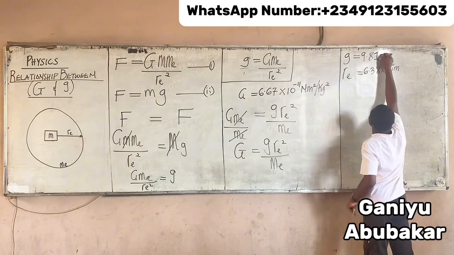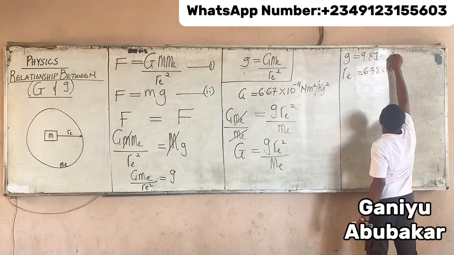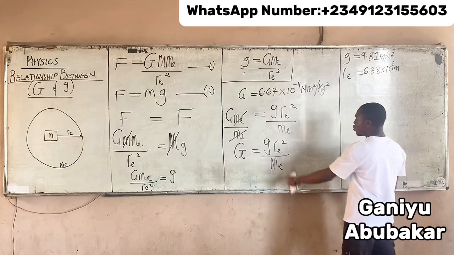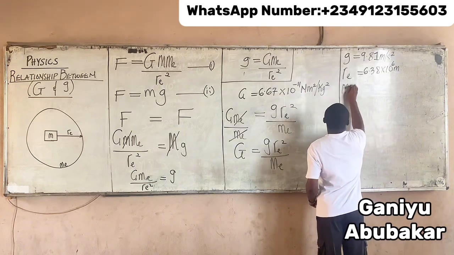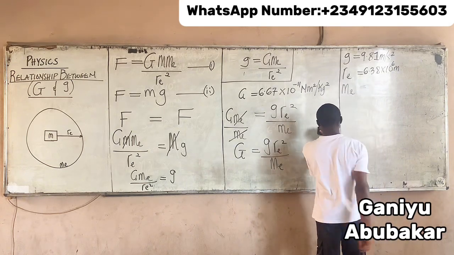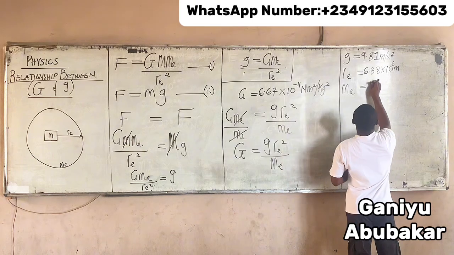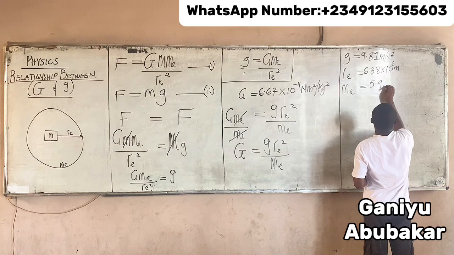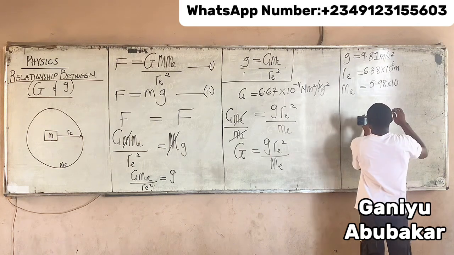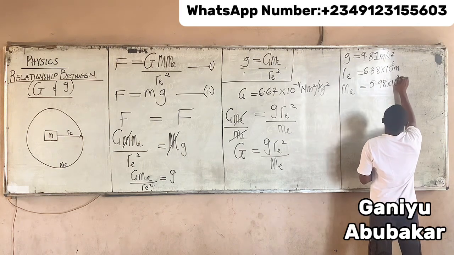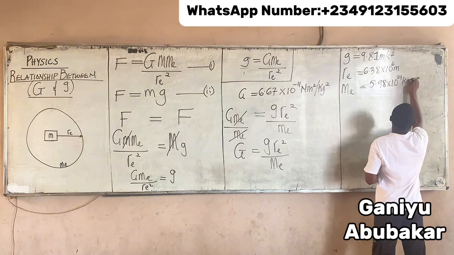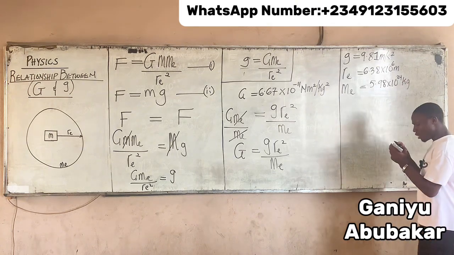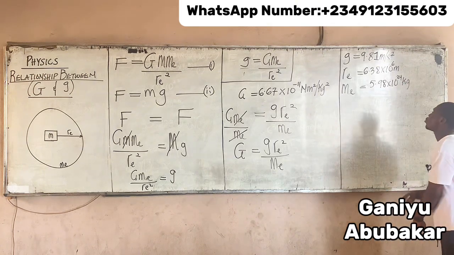Note that the mass of Earth, again a constant value, is equal to 5.98 times 10 to the power 24 kilograms. Of course, mass is in kilograms. So those are the constant values you need to note.